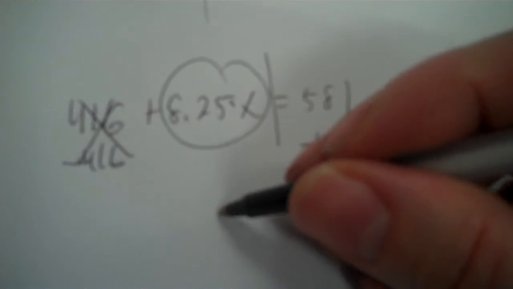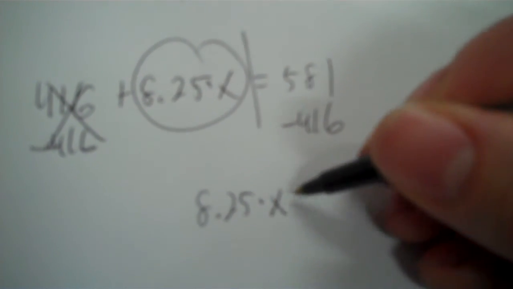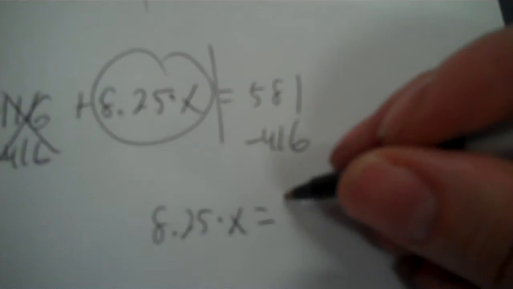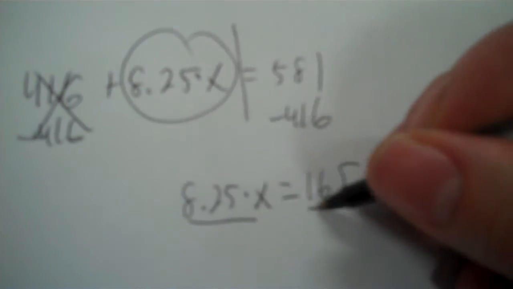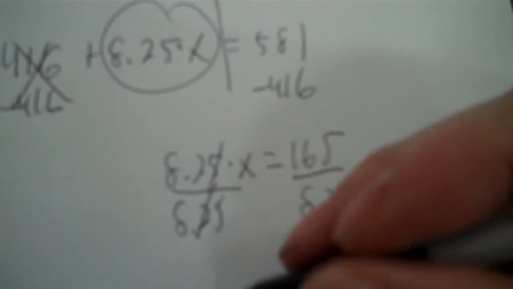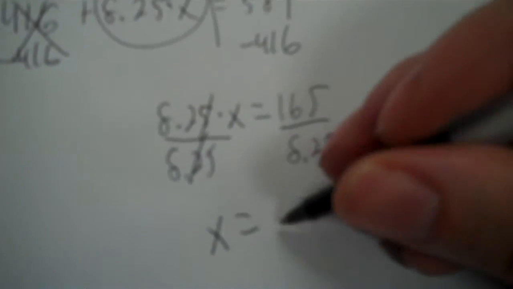Plus and times, so you subtract your 416. So 8.25 multiplied by X, you get 165. Okay. So X is 20 bottles of Type B.